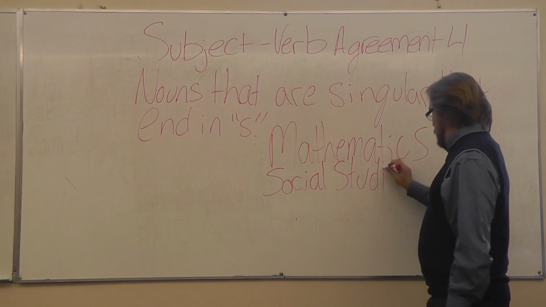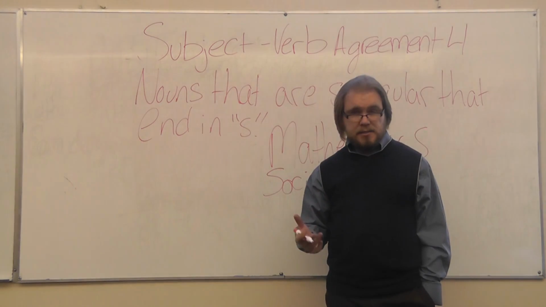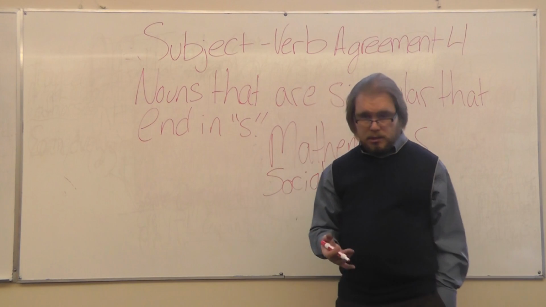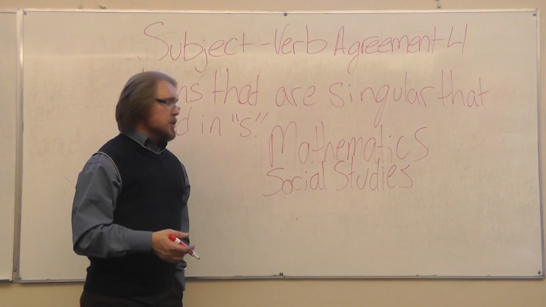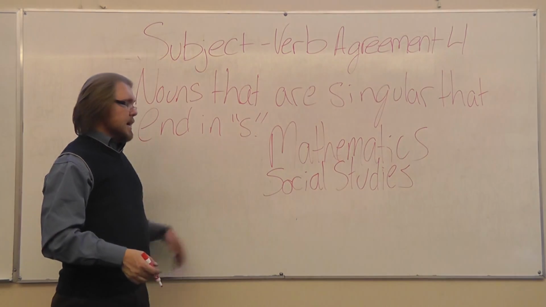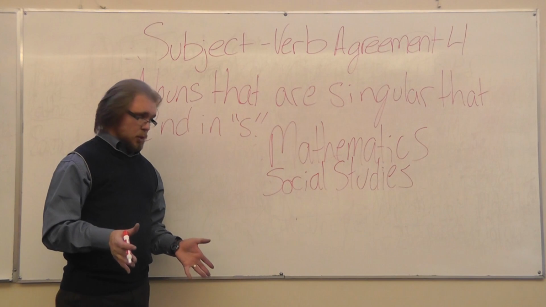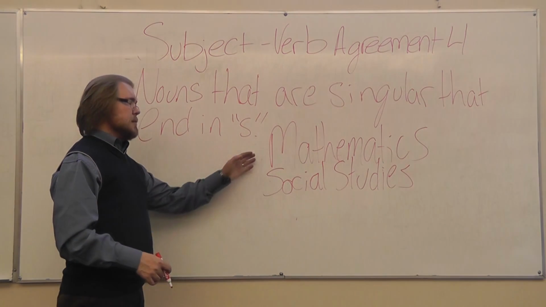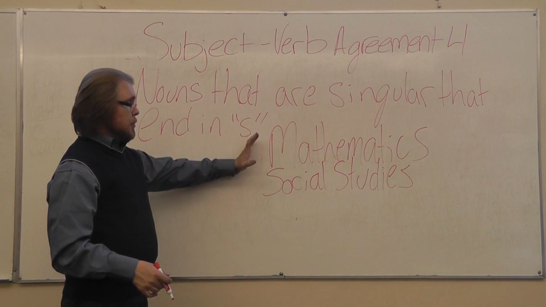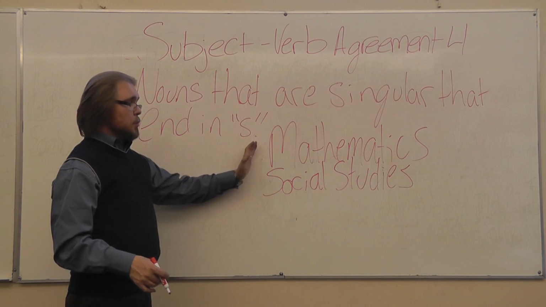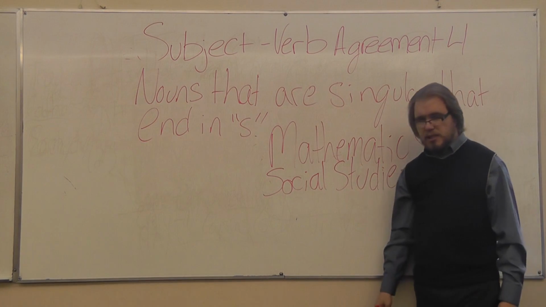These name one thing, a field of study, but they end in S. They are singular. Okay, so they would take a singular verb. When you think of nouns like this that end in S but are singular, mathematics is one thing, then even though it ends in S, you're going to need a singular verb.